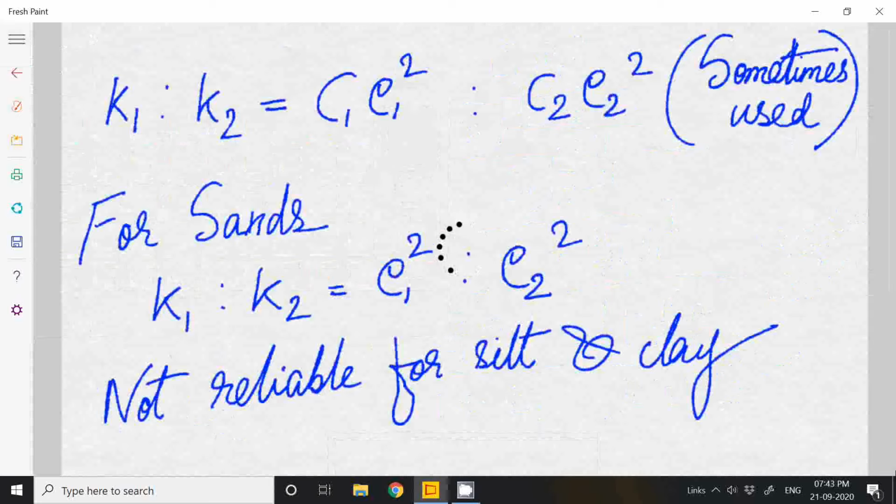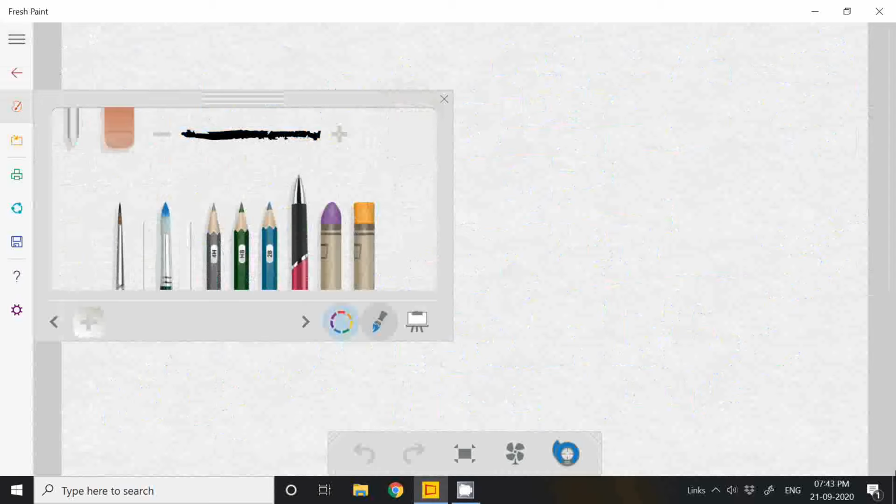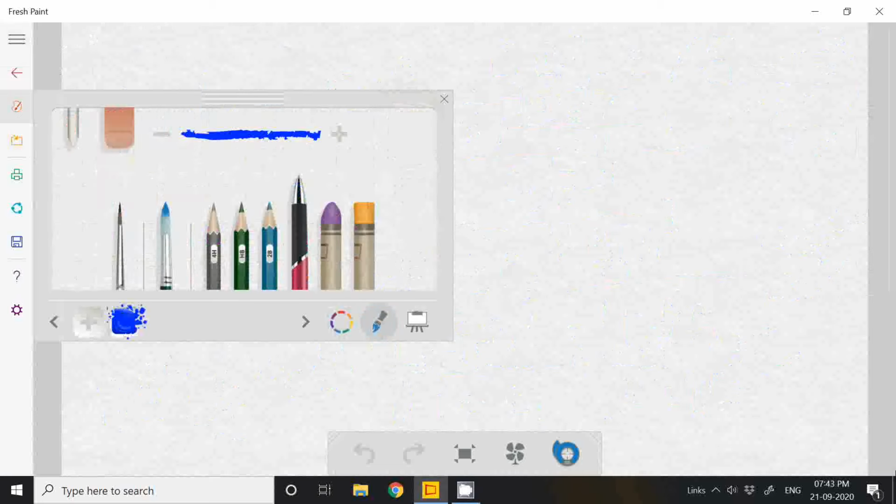Many people have tried to develop suitable similar relations for silt and clay, just like the relations that we have been discussing in the past few minutes. Investigators tried to develop similar relations between e and k for silts and clays, and they ended up getting this relation for silts and clays.